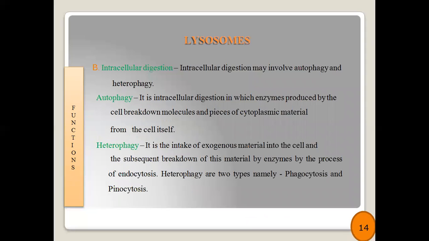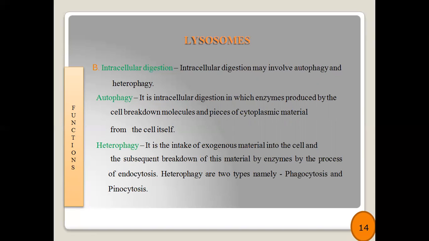The next function is intracellular digestion. Intracellular digestion may involve autophagy and heterophagy. Autophagy is an intracellular digestion in which enzymes produced by the cell break down molecules and pieces of cytoplasmic material from the cell itself.